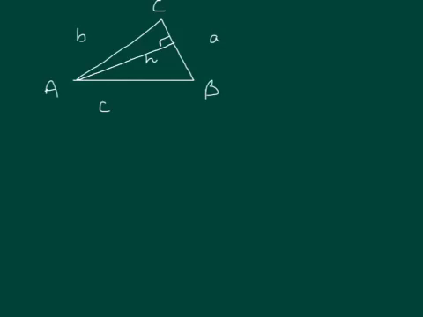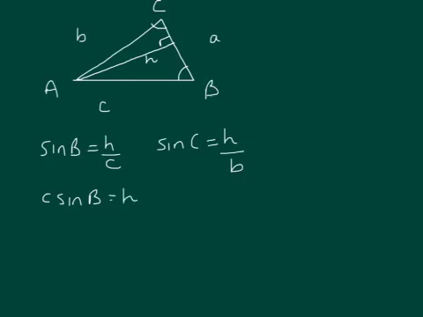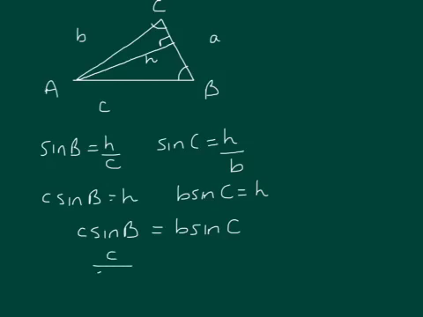So in this case then, you can see that sine of B equals H over C, and sine of C equals H over B. Rearranging these gives C sine B equals H, and B sine C equals H. Therefore, in a similar way to before, we can see that C sine B equals B sine C, and also that C over sine C equals B over sine B.